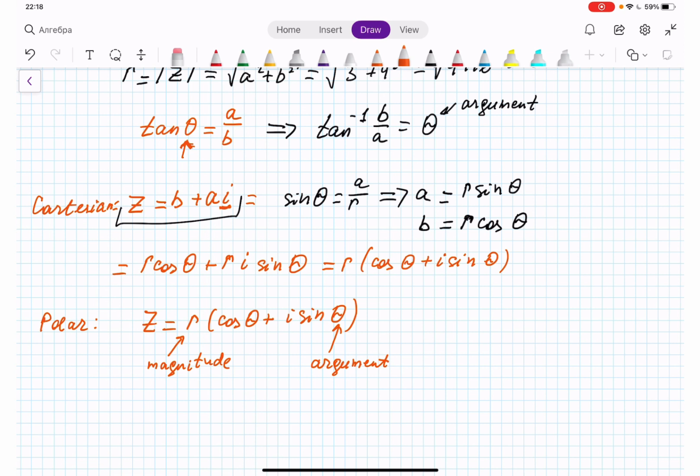Why do we give these definitions to r and theta? Because the polar system is operated by radius and angle theta.